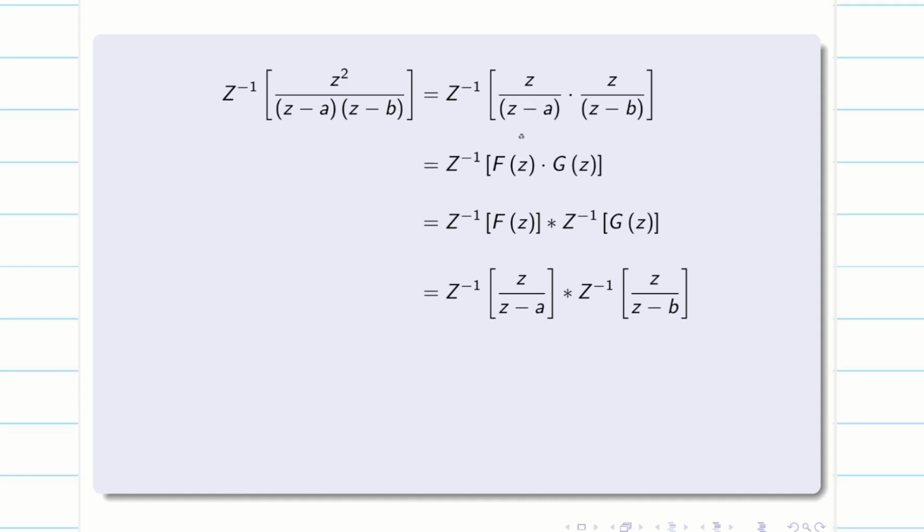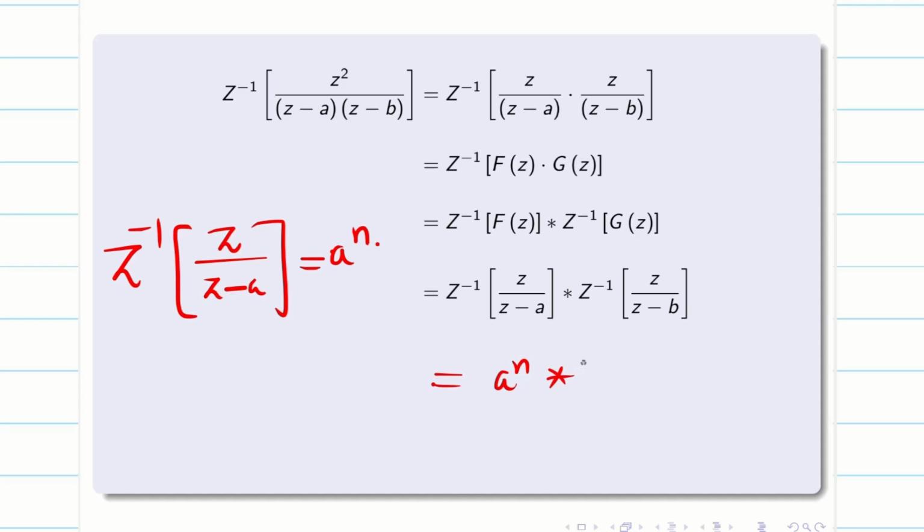F of Z is Z by Z minus A, G of Z is Z by Z minus B, and we know that Z inverse of Z by Z minus A is A power n. So the answer is A power n star B power n.